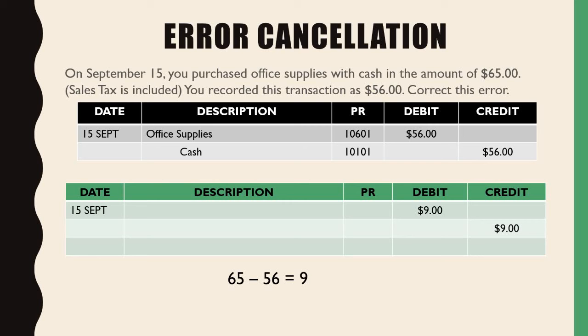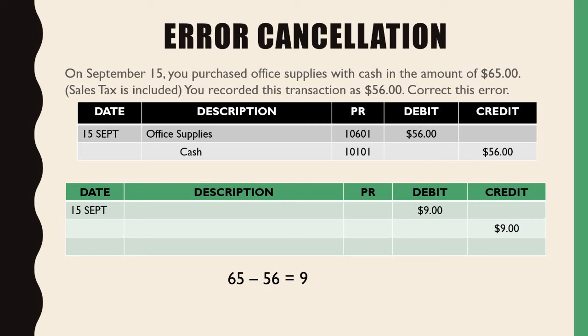Okay? So in this case, I'm supposed to have 65, but I only have 56 right now. So am I short in supplies or am I over in supplies? In this case, I'm short in supplies. So therefore, I need to increase my supplies by $9, right?